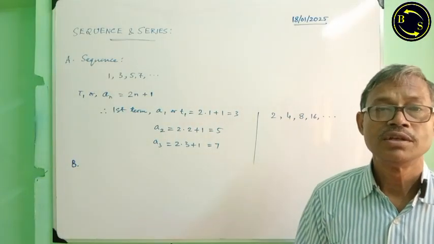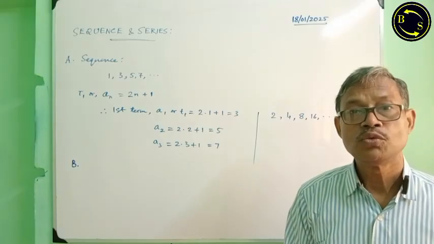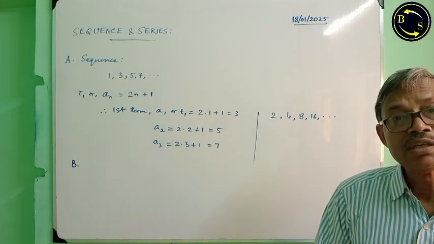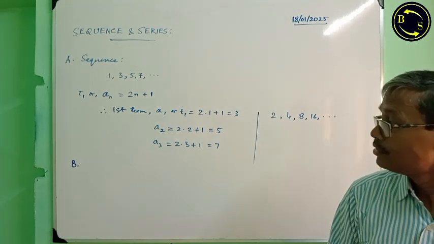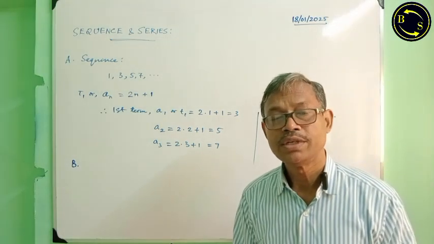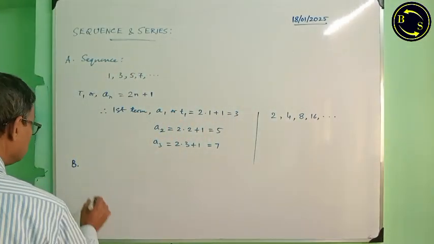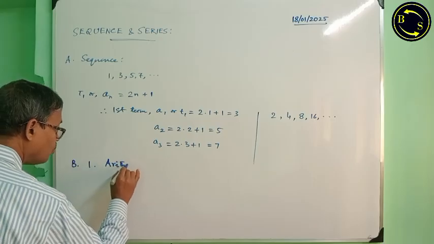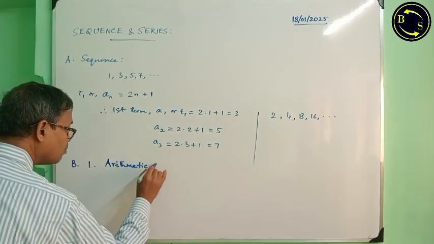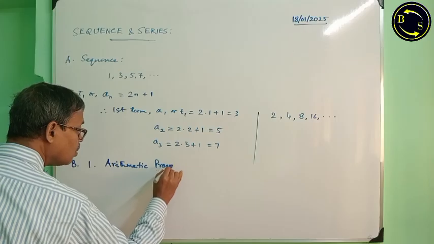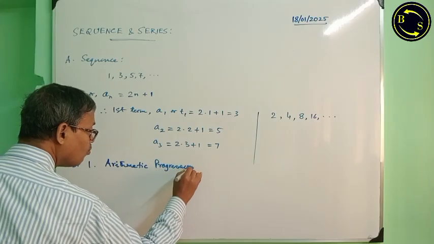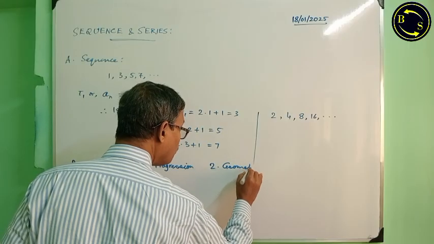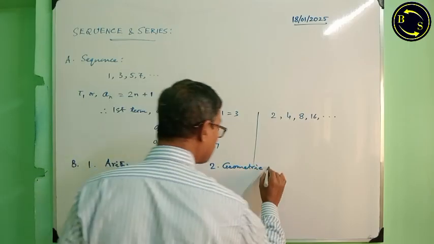We shall first discuss mainly 2 types of sequences. Number 1, arithmetic progression, and number 2, geometric progression.